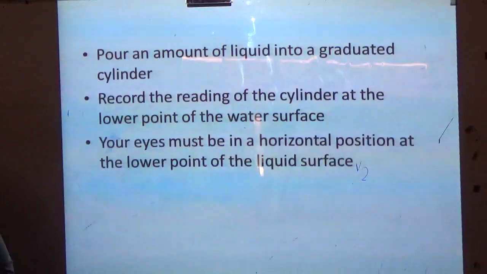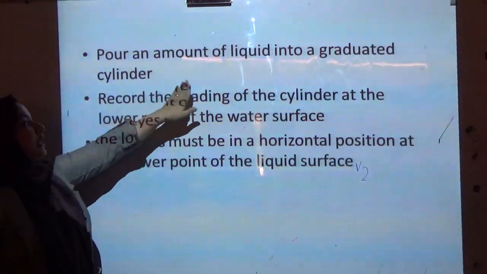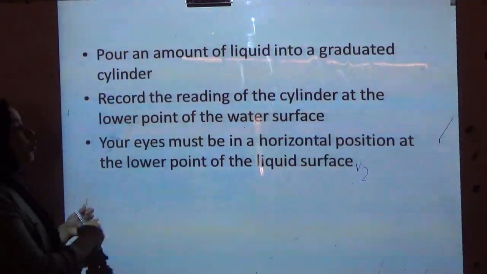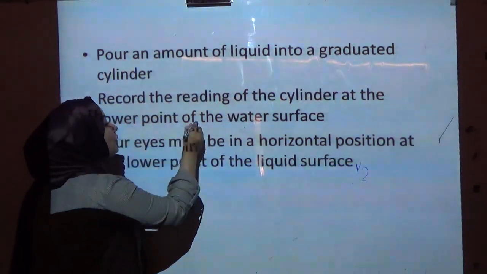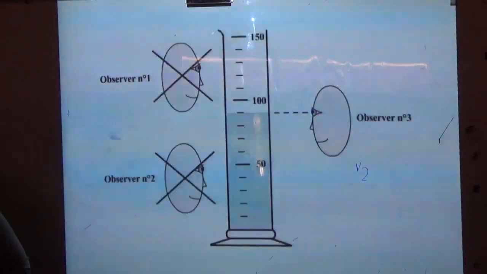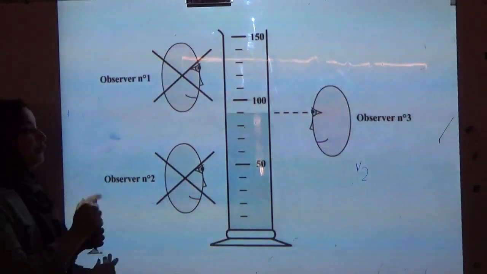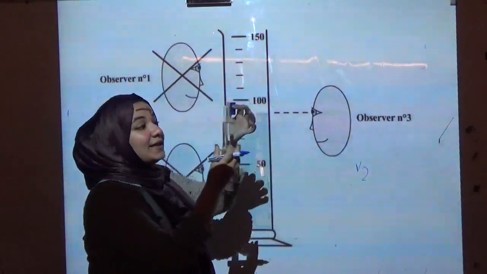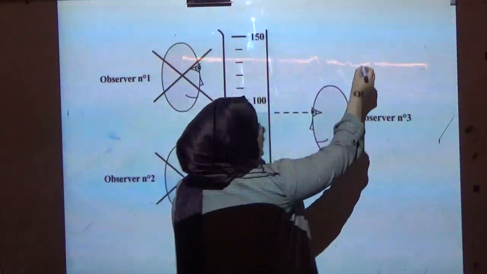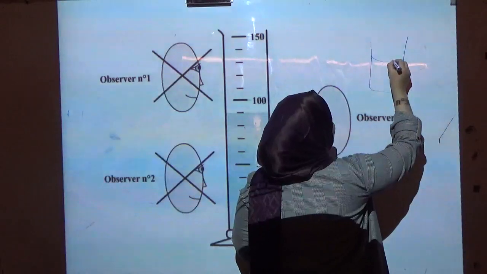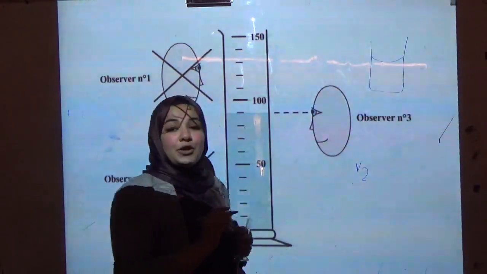The correct position is this: when I pour some amount of liquid into a graduated cylinder, I record the reading at the lower point of the water surface. What is meant by the lower point of the water surface? When I pour some water into the graduated cylinder, the water will make a small curve.